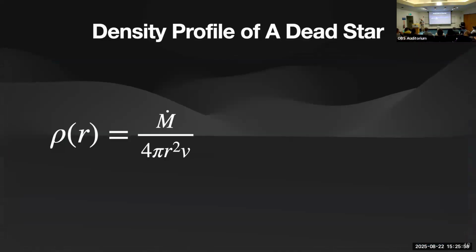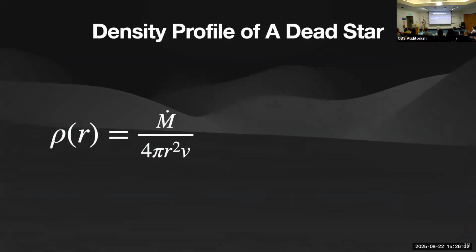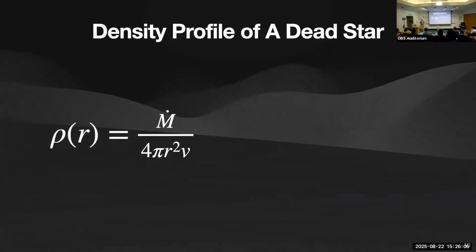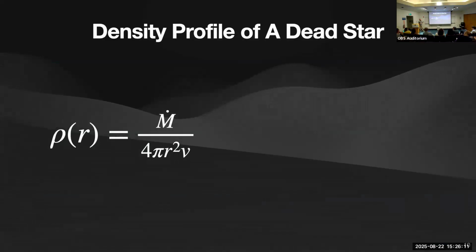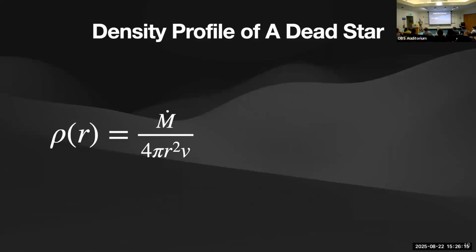And so now that we've talked a little bit about the mass loss rates, we want a density profile around the star. To achieve that, we use this equation here, where we're looking at the circumstellar material density in regards to the radius of the system.